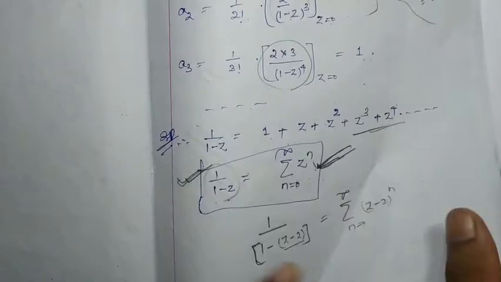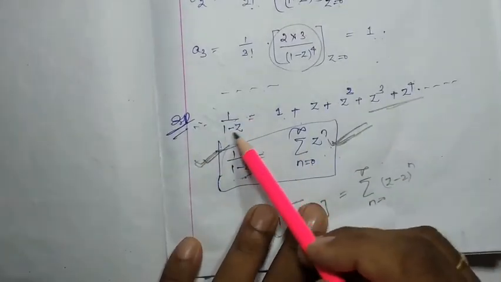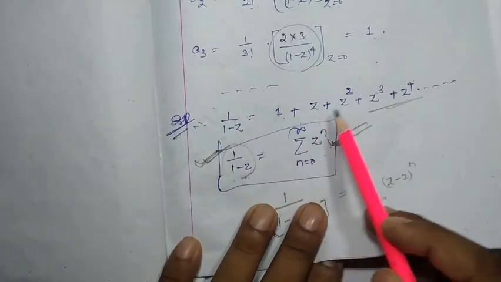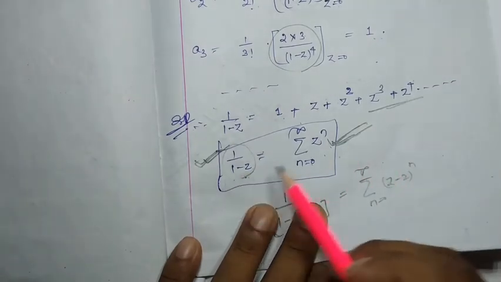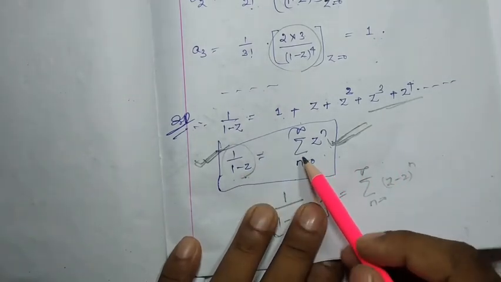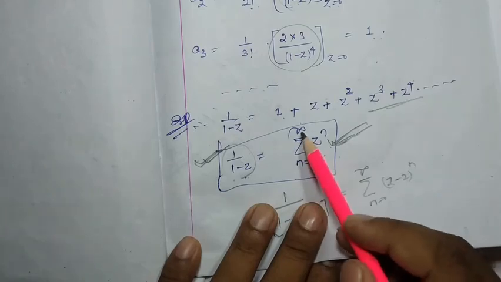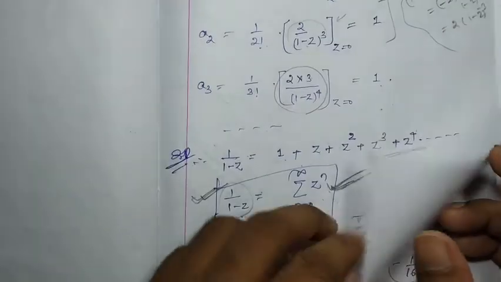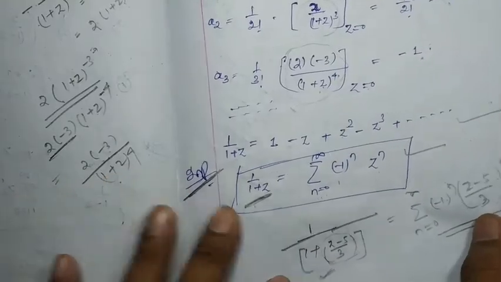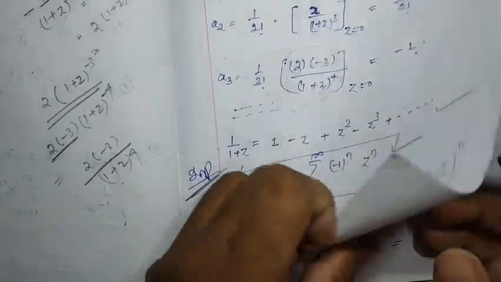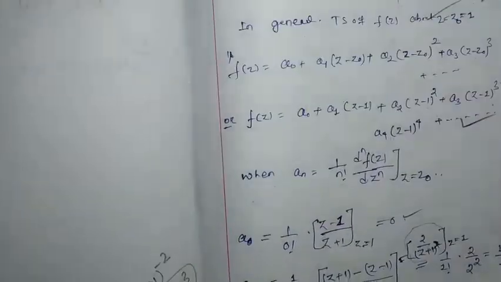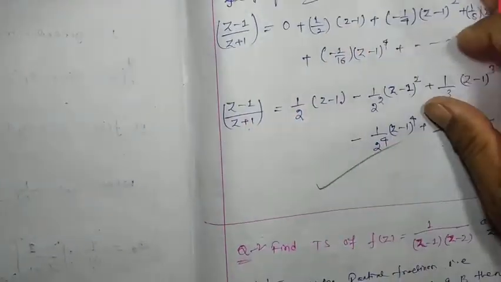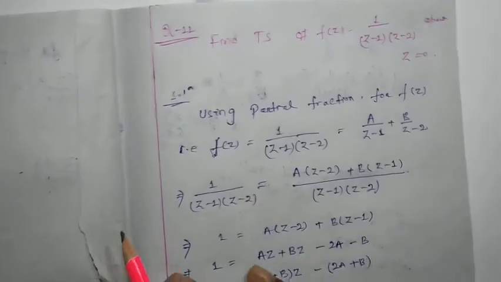And 1 by 1 minus z equals 1 plus z plus z square plus z cube plus z to the power 4 and so on, or in summation form, summation over n equal to 0 to infinity z to the power n. These two expressions are important, you have to remember them, and they are also required today when we solve another 3 questions.